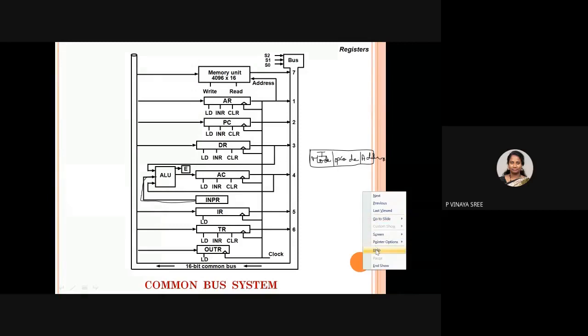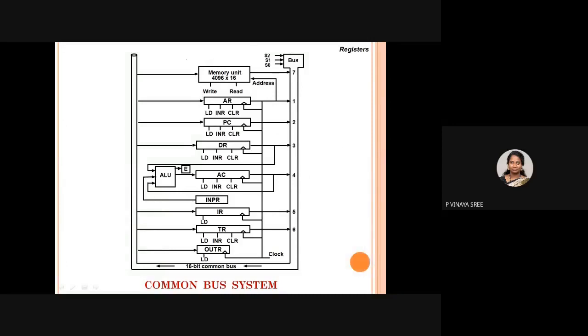Till now I explained about read and write in a memory. Read is when the processor reads from a particular address by specifying it. Write is after execution, when it writes inside a memory. For each and every register we have three pins called load, increment and clear, but only for the instruction register and output register we have just a load.